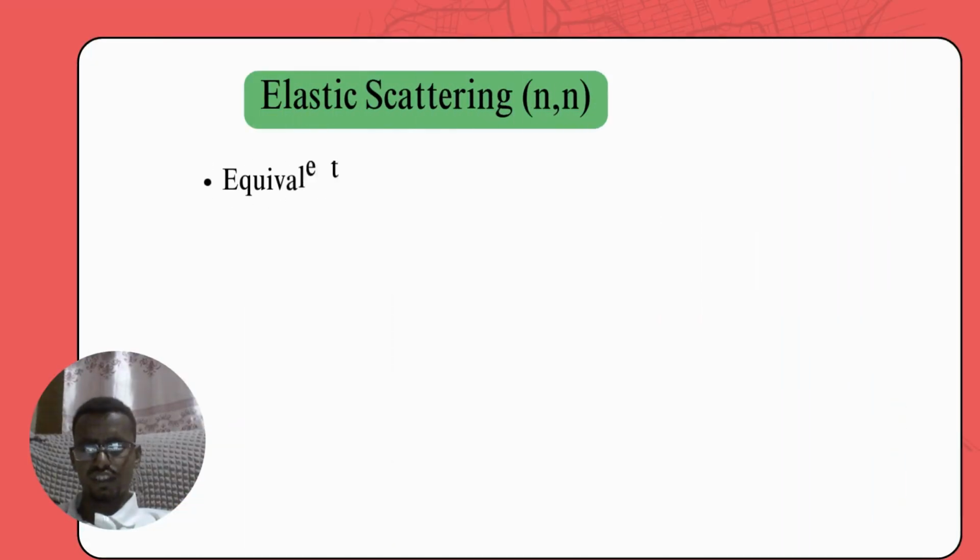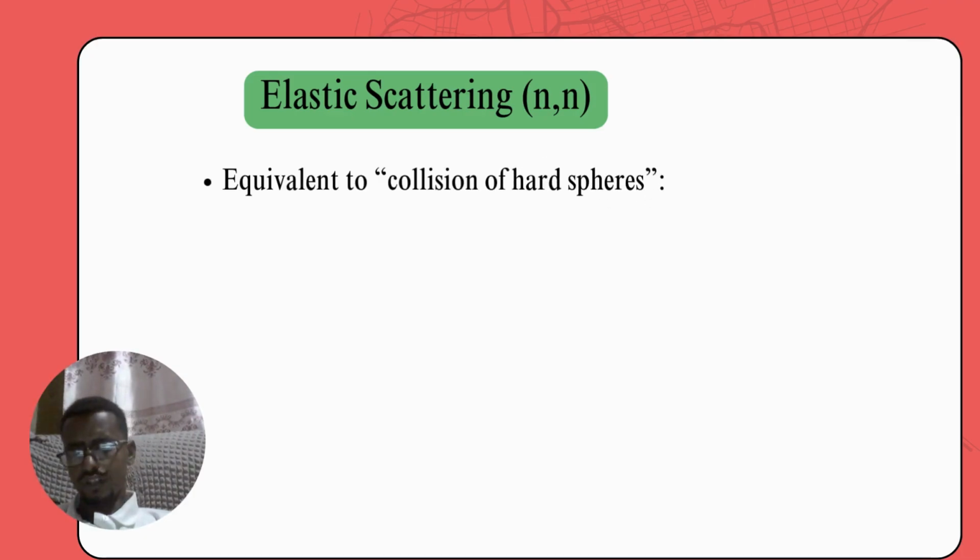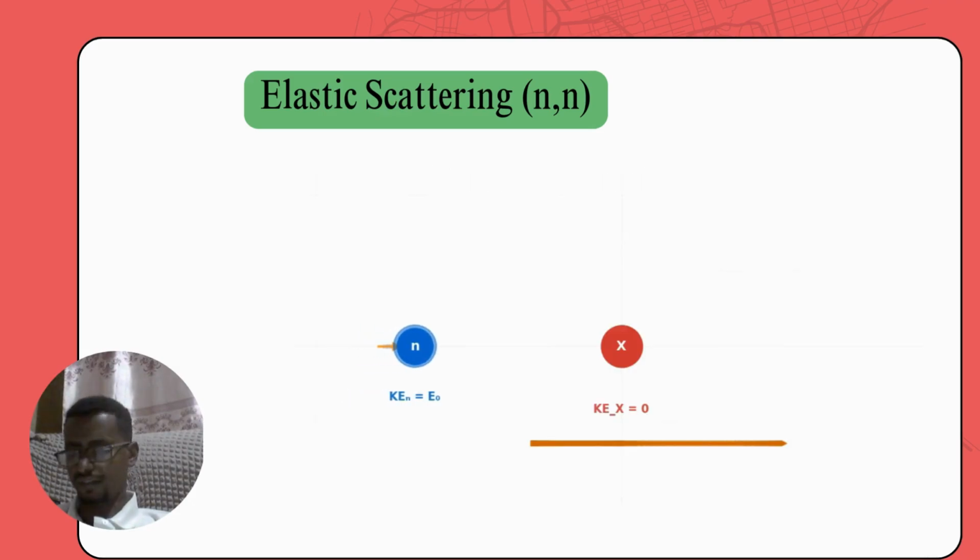Okay, let's see elastic scattering, where the incoming neutron and outgoing neutron remain the same. It is denoted by (n,n), and such scattering can be equivalent to the collision of hard spheres, like billiard balls in classical physics.